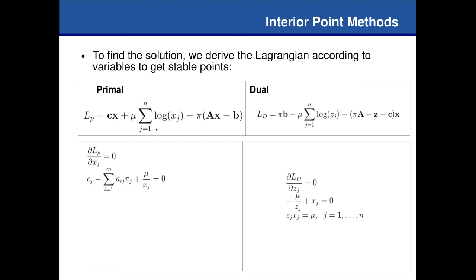Of course, from this, I am going to start with this guy here. I think it's just easier. If I differentiate in terms of a given xj over here, that xj is going to be multiplied by a complete row of my matrix A, whose index is i.